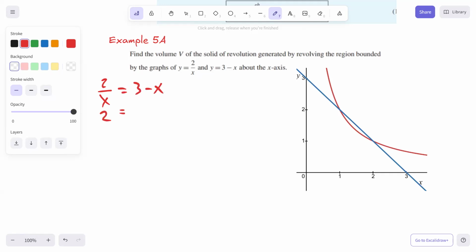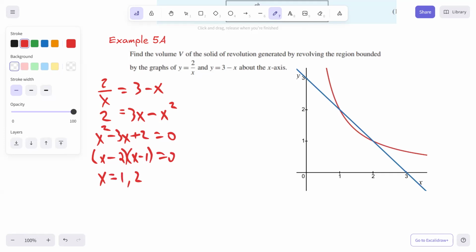You'd have 2 equals 3x minus x squared. So you'd have x squared minus 3x plus 2, set that equal to 0, and you'd have x minus 2 times x minus 1. So you'd end up with x equals 1 and 2. So this is the region right here.